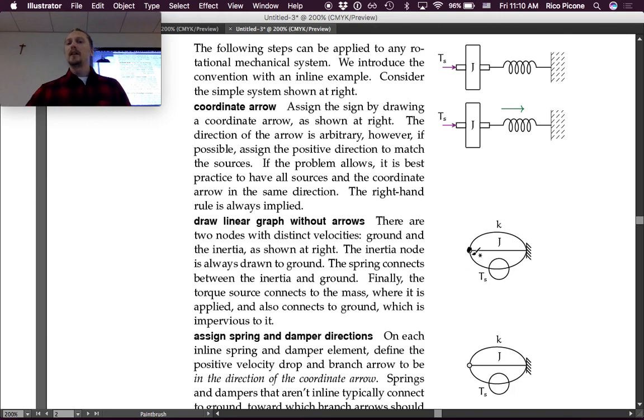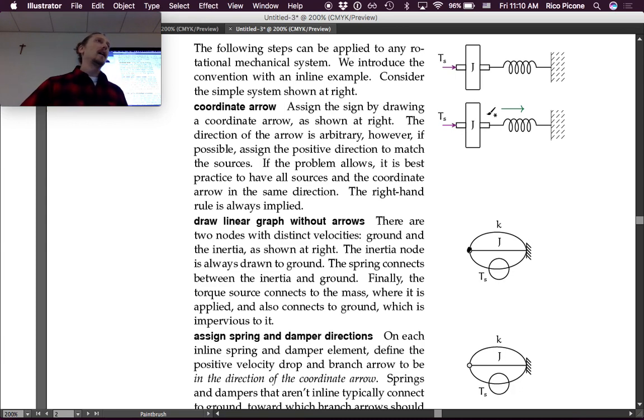And we can start filling in the branches then. Clearly, the moment of inertia node is going to have a moment of inertia branch, and it always goes to ground, right? So draw that guy in there. The source, torque sources, essentially always originate at ground, and always connect to the node of application.